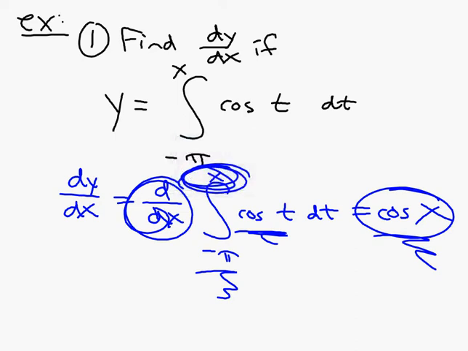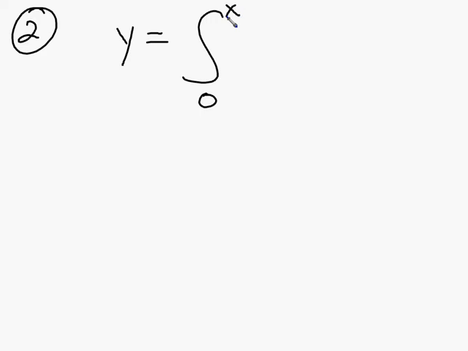Let's do another one. What if I wanted to find dy dx of this one? y equals the integral from 0 to x of 1 over 1 plus t squared dt.